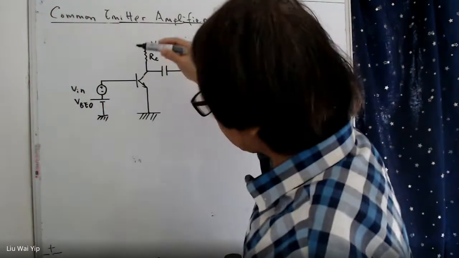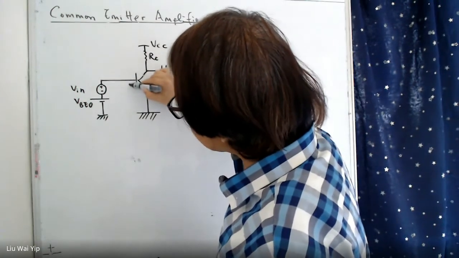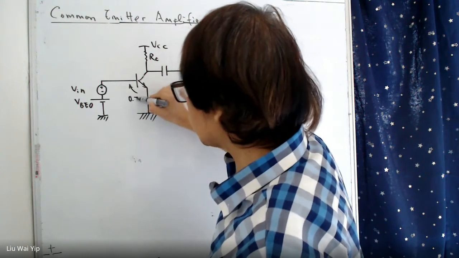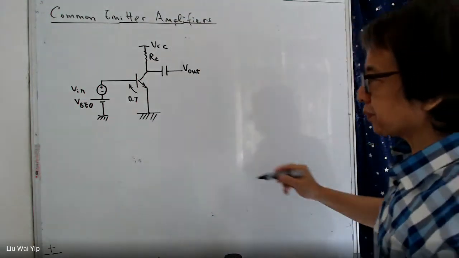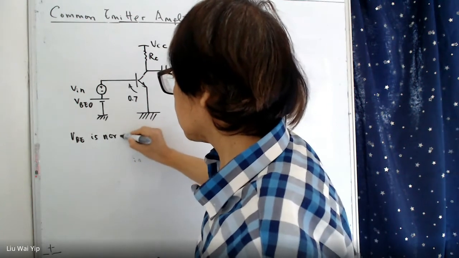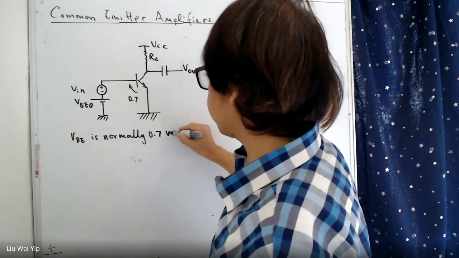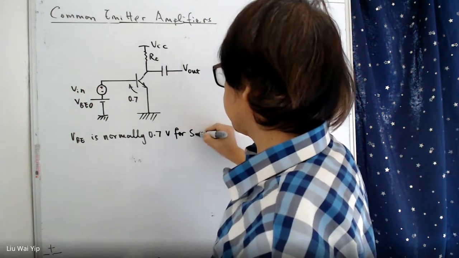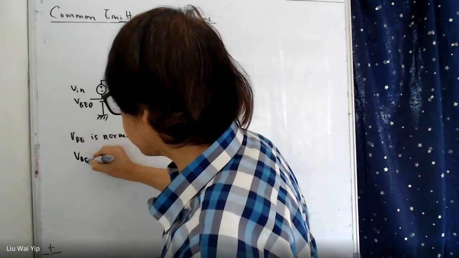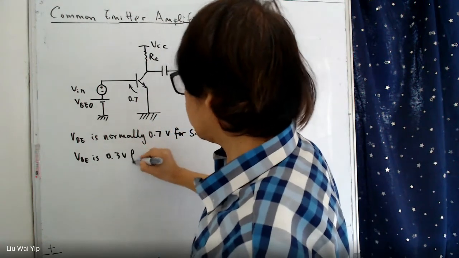So in this case, as I told you before, VBE is normally 0.7 volts for silicon, and it is normally 0.3 for germanium.